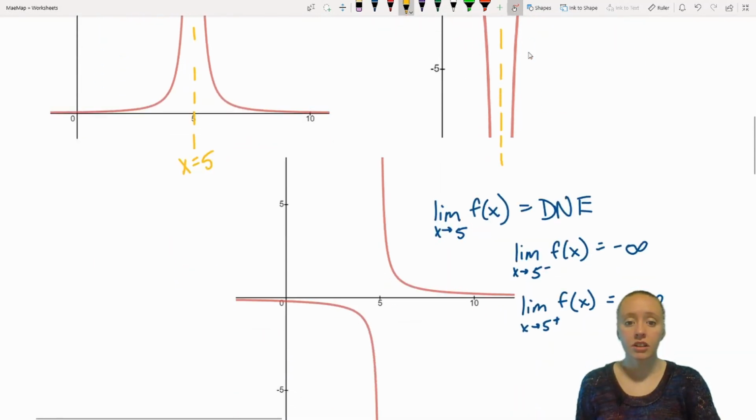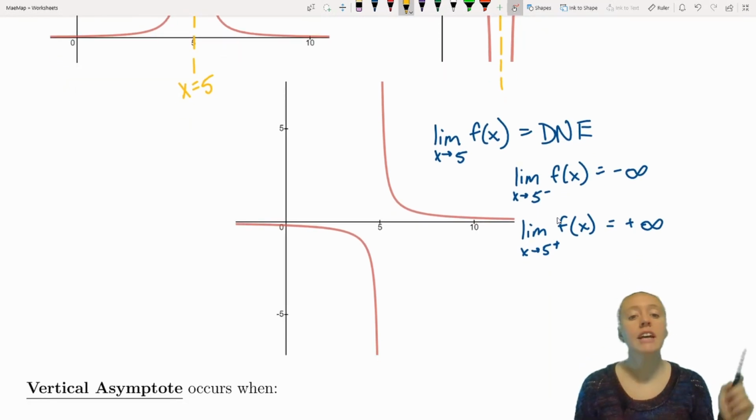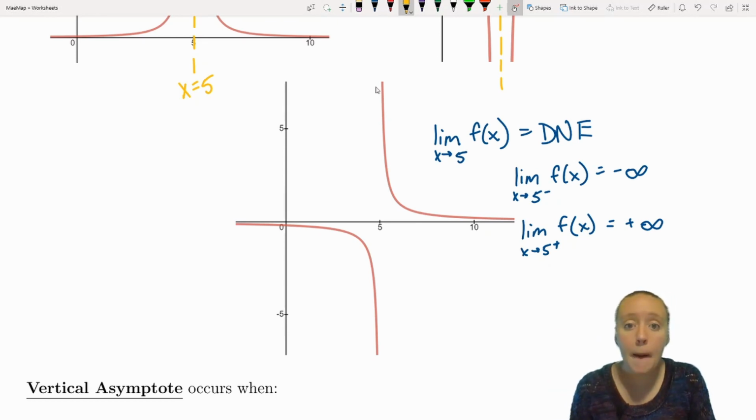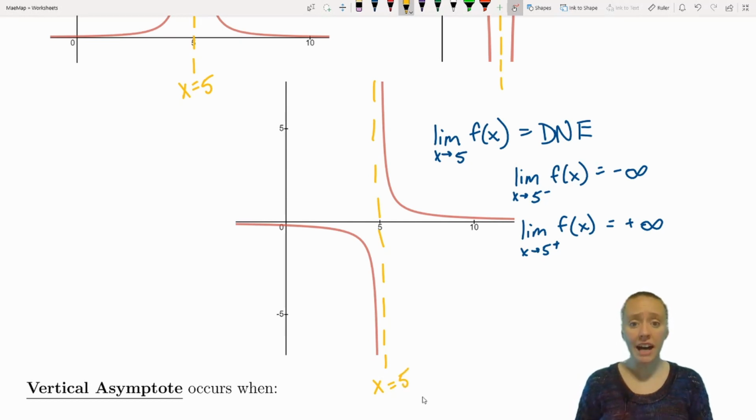And then, looking at this third graph, even though that right side limit went towards positive infinity and that left side limit went towards negative infinity, both are still approaching the line x equals that a value of 5. So a vertical asymptote occurs when the limit of f of x as x approaches a, either from the right, left, or when those are equivalent, equals positive or negative infinity.